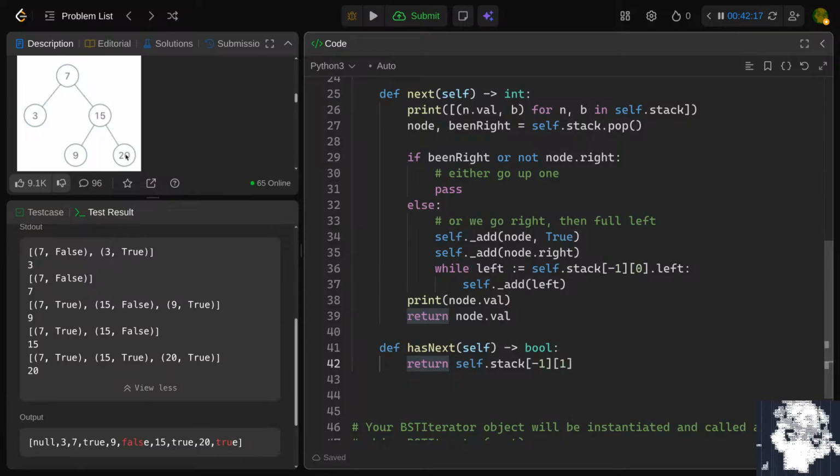So at the end here, we should have been right. But on our parent, we should have also been right. It can't just be that though, right? Well, isn't this what I was doing before when I said if you've been right on everything?